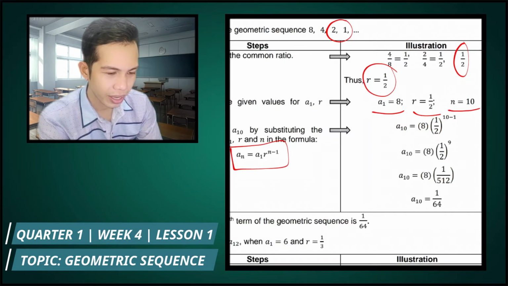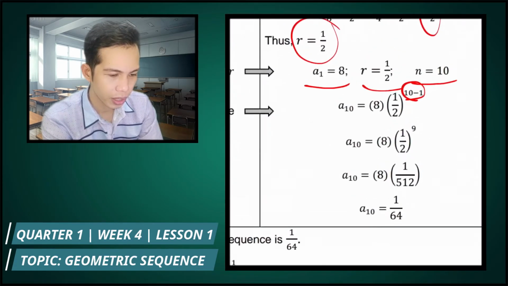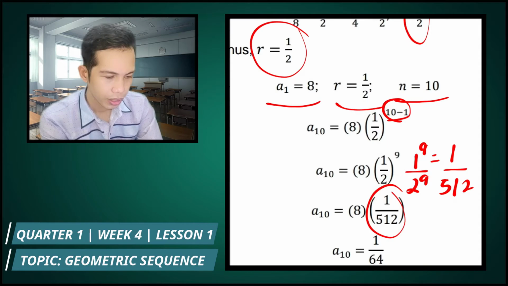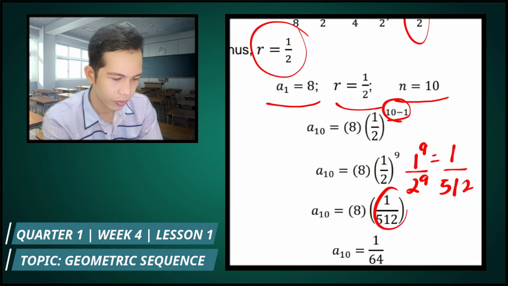Next, simplify. 10 minus 1 is 9. By law of exponents, we simply distribute the exponent 9 to the numerator and denominator. So this will become 1 raised to 9 over 2 raised to 9. 1 raised to 9 is equal to 1, and 2 raised to 9 is 512. That's why we have 1 over 512.